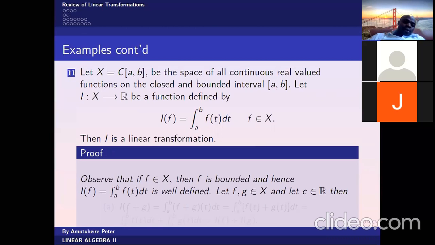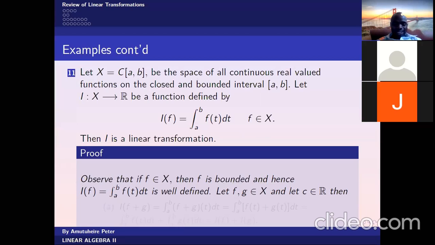So here we go. We need to make an observation that if f is in X, then f is continuous and f is bounded. Hence, the integral is well defined. We looked in Calculus 2 at integration and its application.